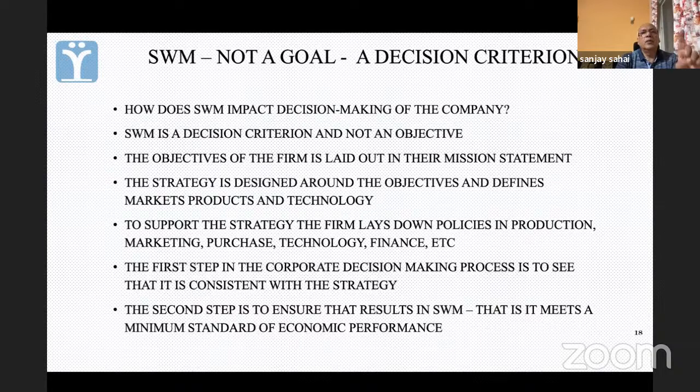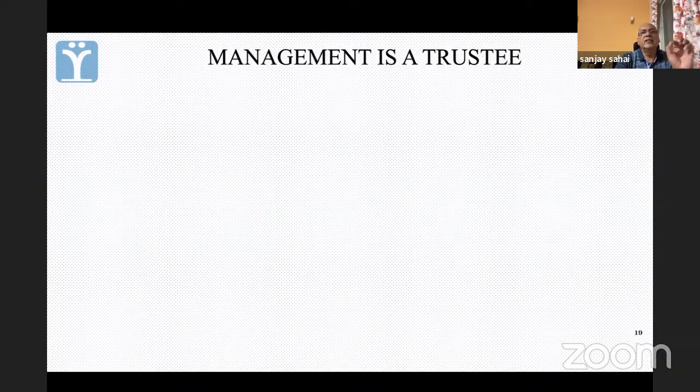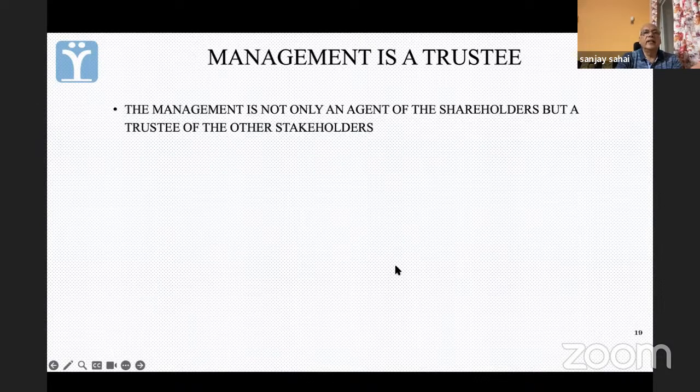That is the point which I am trying to say, कि ये डिसीजन मेकिंग जो है वो एक डिसीजन क्राइटेरियन है. सॉरी, जो शेयर होल्डर वेल्थ मैक्सिमाइजेशन है, this is a decision criteria.